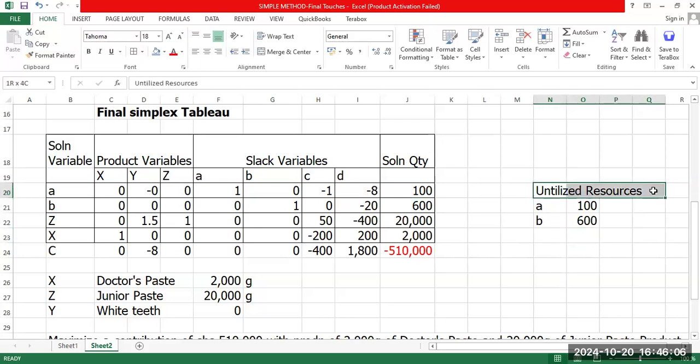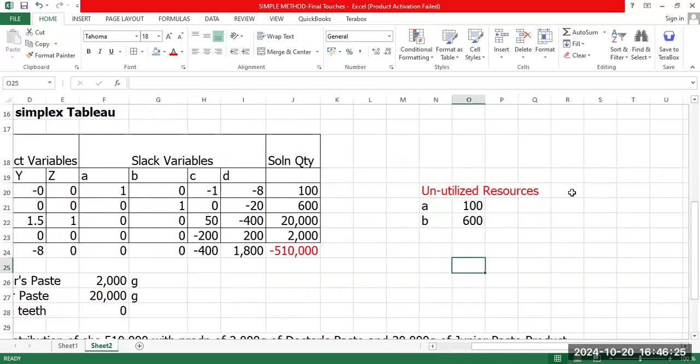These are unutilized resources. And if you have unutilized resources, these cannot be scarce resources.